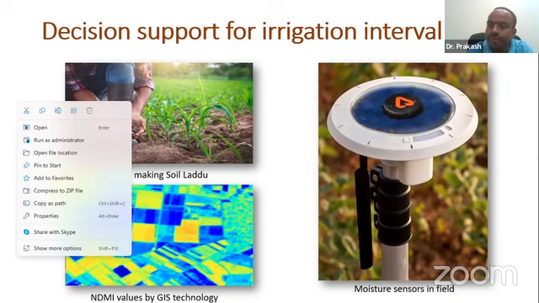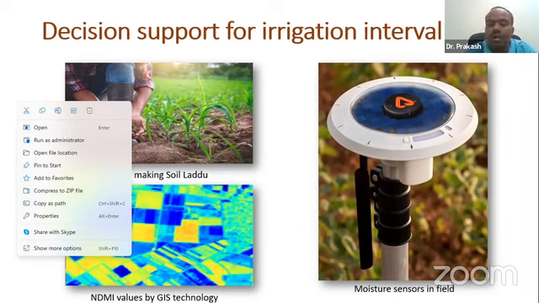A moisture sensor is a good hardware tool for deciding irrigation intervals in the field. In many fields, sugar cane, tomato, ginger, turmeric, grapes, pomegranate, any horticulture crop, any cash crop, we can add these sensors to our field. It gives good results. Moisture plays a very important role in the harvesting potential of the yield.